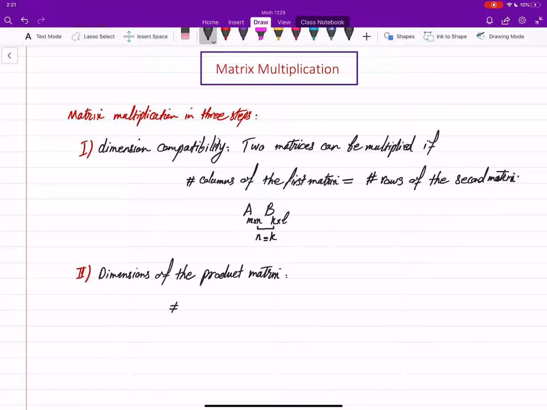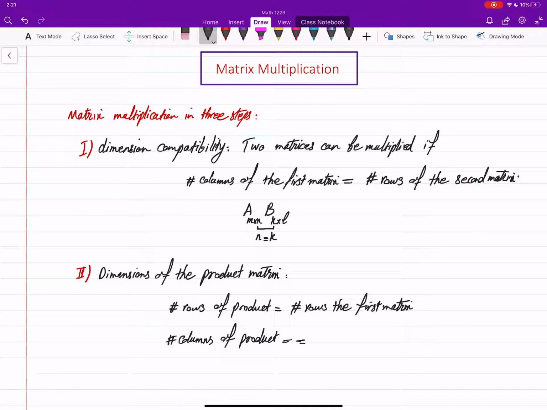The number of rows of the product is equal to the number of rows of the first matrix, and the number of columns of the product is equal to the number of columns of the second one.